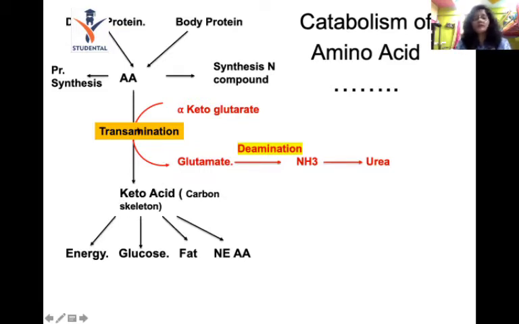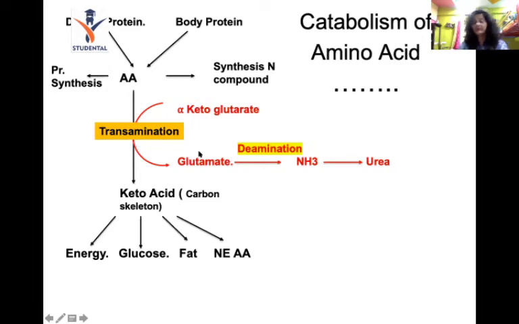This transamination process helps us to concentrate all amino groups of amino acids to form glutamate. You can see that when the keto acid alpha ketoglutarate takes part in the transamination reaction, all amino acids load their amino group onto alpha ketoglutarate, and we get the resultant product, the glutamate amino acid.